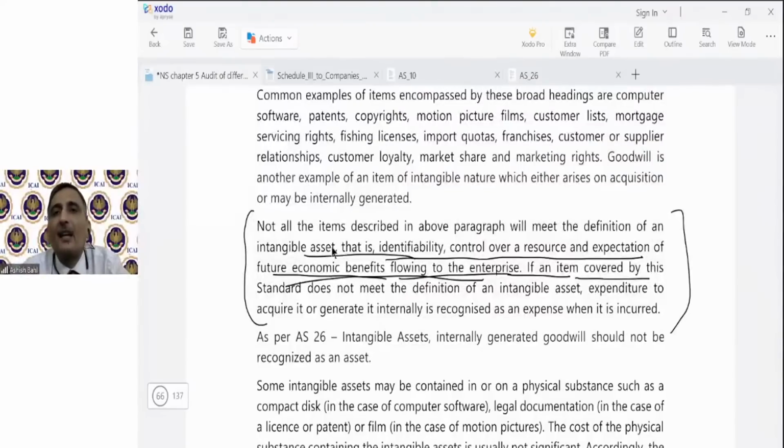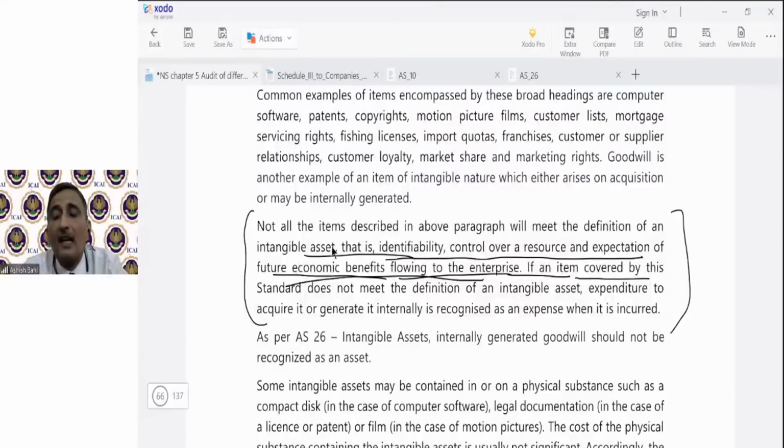Like if some company has developed a new product, a new process, and it files a patent for it, and that product is patented, now that company has a right over that product. If its cost can be measured, then obviously it is an intangible asset because it has future economic benefit for the enterprise.